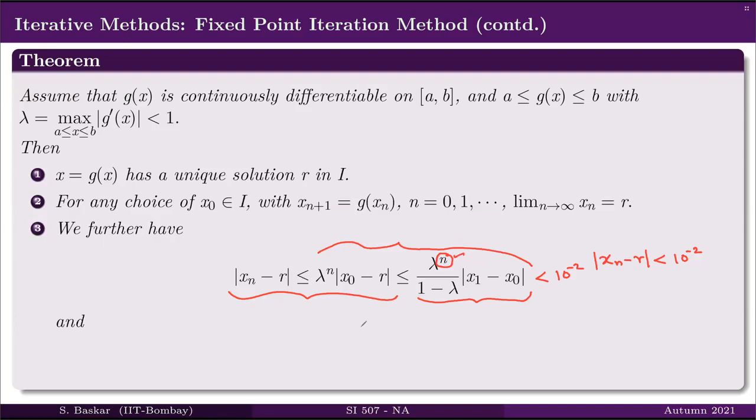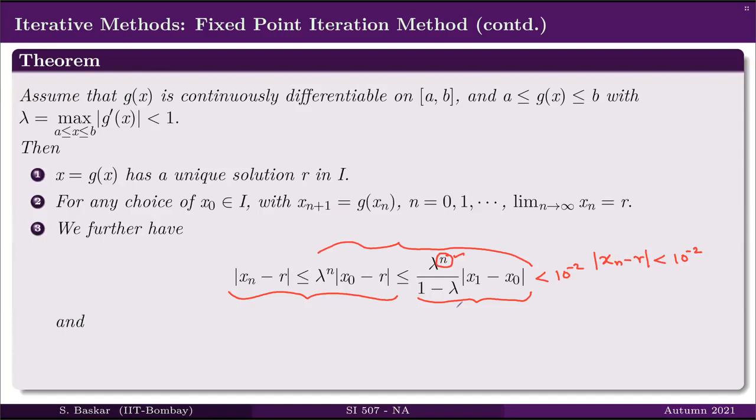and from there you can compute n. See, this luxury, if you recall, we had in the bisection method. We did not even have it in the regula falsi method because the interval may not shrink to a point, right? That was the problem in regula falsi method, whereas in the bisection method, in the limiting case, your interval in which you are locating a root will shrink to a single point.